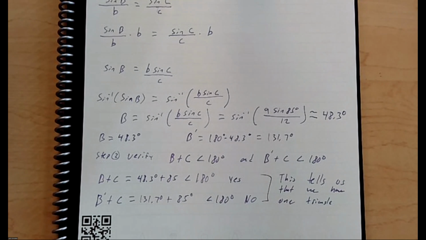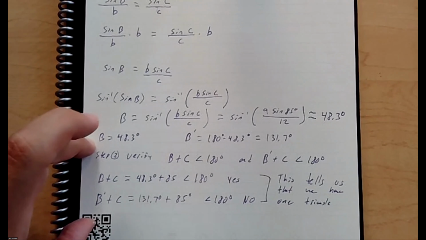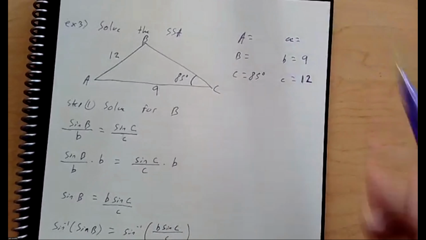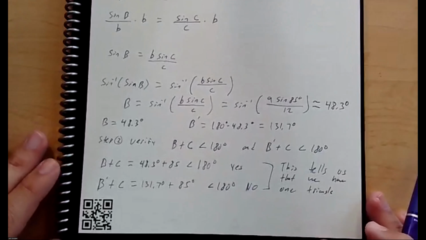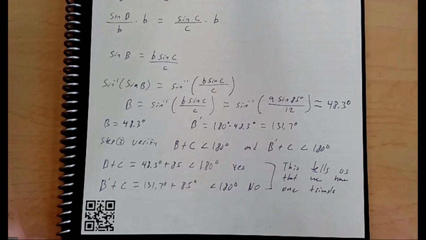Any questions on how you check? Because once you check, this is just a side thing to get back to solving for ABC. I don't know. I'll wait a bit.